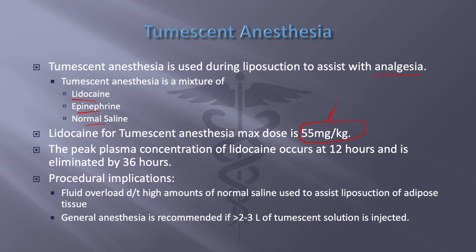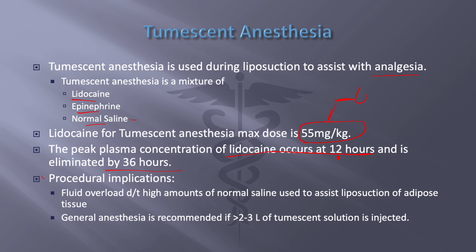But the reason is they're actually suctioning a lot of this out with the normal saline and back into that canister, or taking it out of the body there. But the peak plasma concentration of lidocaine is going to occur usually at 12 hours, okay, and it's eliminated by 36 hours. So these patients are at highest risk around that 12-hour mark.